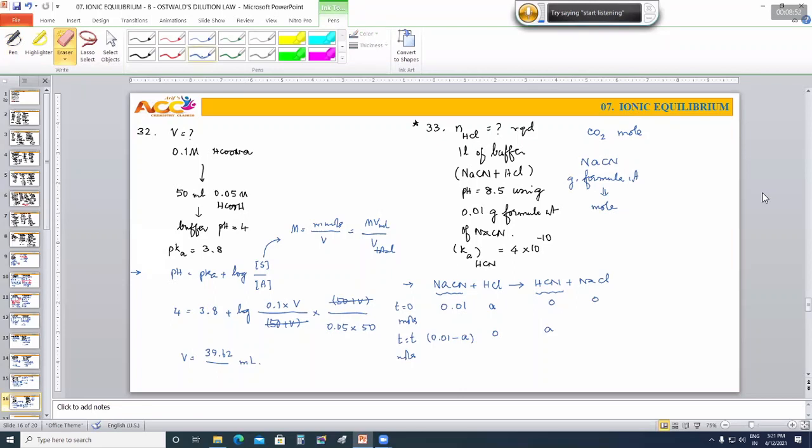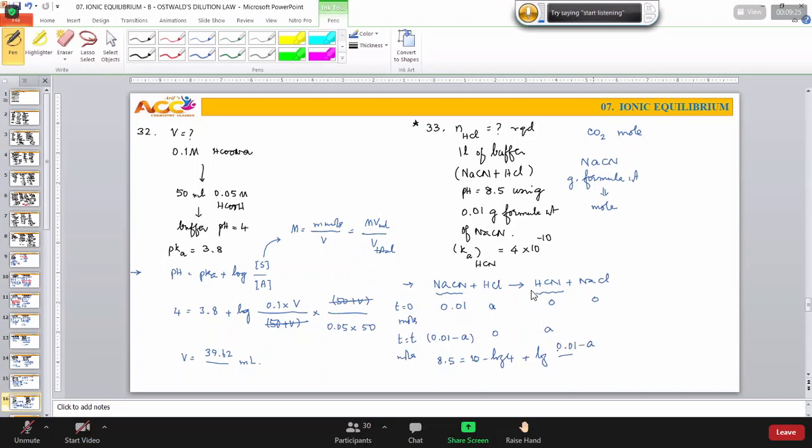Now we have to say buffer is hydrogen cyanide along with sodium cyanide. Yes, it is a weak acid with strong base. Simple, job is over, right? Very systematic case. pH is equal to 8.5. pKa means minus log, 10 minus log 4, plus log of concentration of salt, 0.01 minus A. Sir, this is moles.